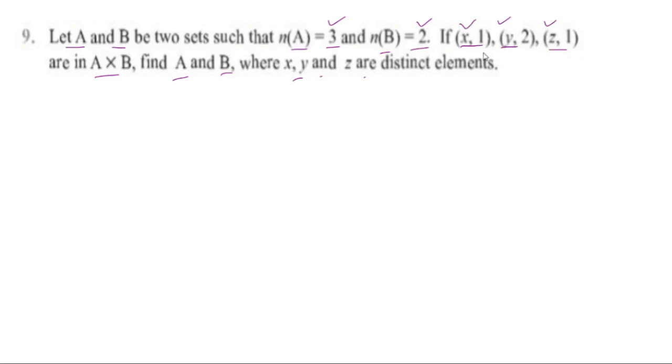So these 3 elements must be the elements of set A, because they are elements of A cross B. So I can say that A is a set where the elements are x, y and z, and as A has 3 elements, these 3 are the only elements of set A. Similarly, set B will be {1, 2}, because these are the second elements in the ordered pairs in A cross B, and as B has 2 elements, this is the set. Okay, so this is the answer.